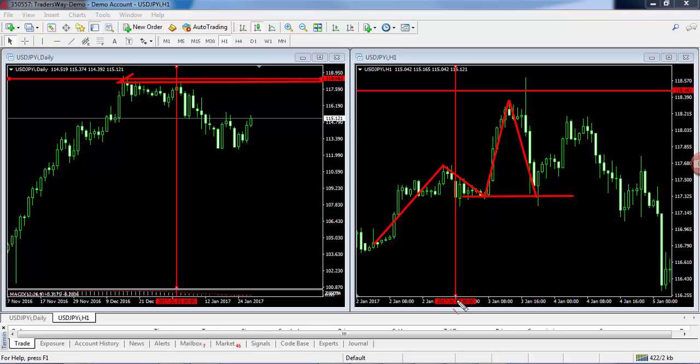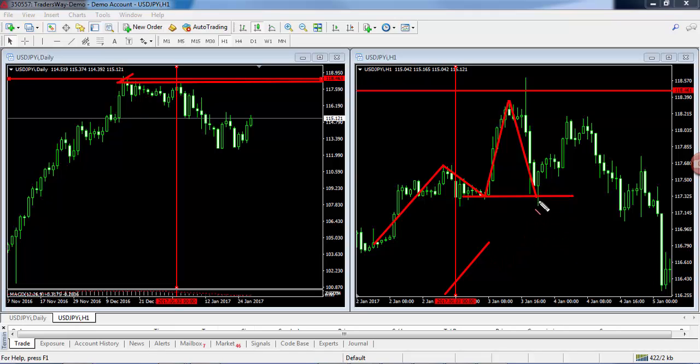And remember, if the market was actually going to continue going upwards, price would not have come all the way down 100% of this move to the upside. So the fact that price came down and hit support means now the odds are in our favor that the trend is actually reversing back to the downside.